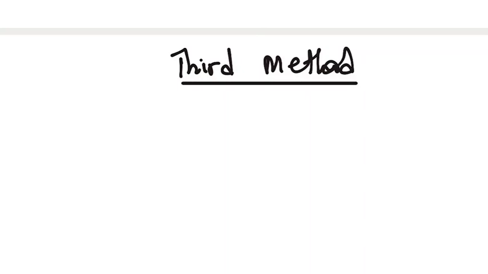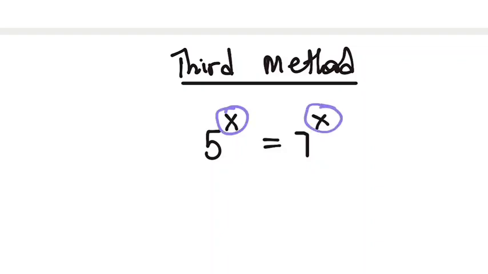Now, lastly, let me introduce the third method. Where you have 5 to the power of x equals 7 to the power of x. So now you can see that the power here is a polynomial function.